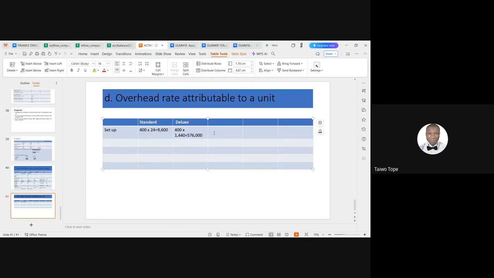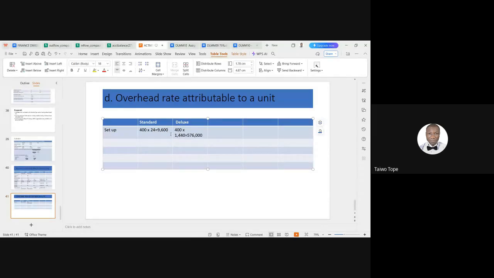Let me do something. 24 divided by 1,464, multiplied by 585,600. Okay. All right. So let me go this way because I'm trying to get the per unit.